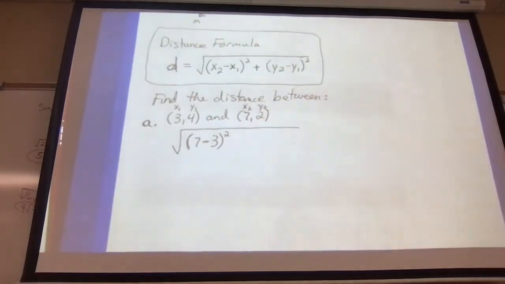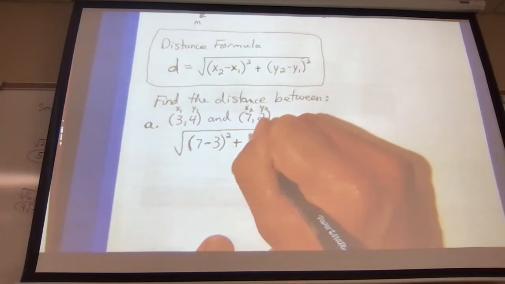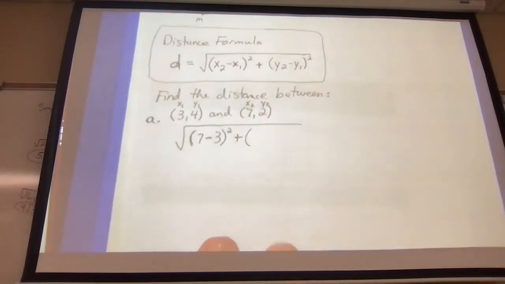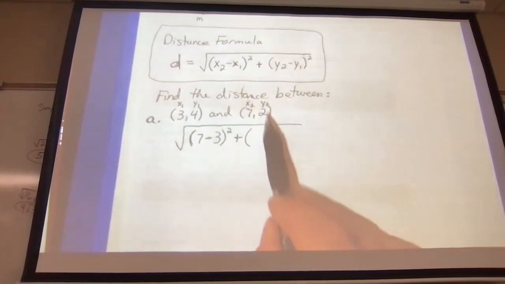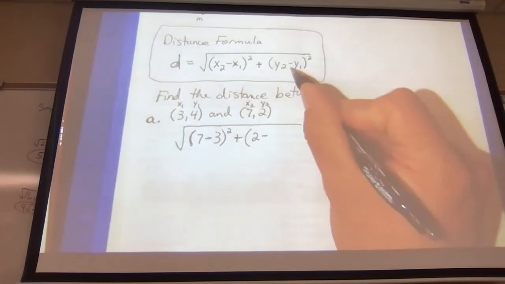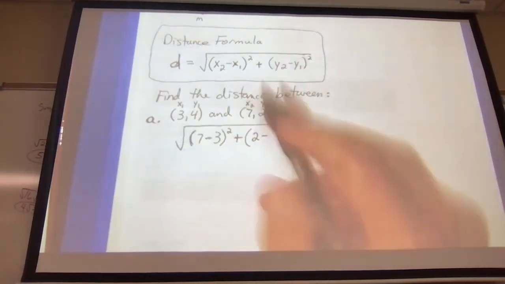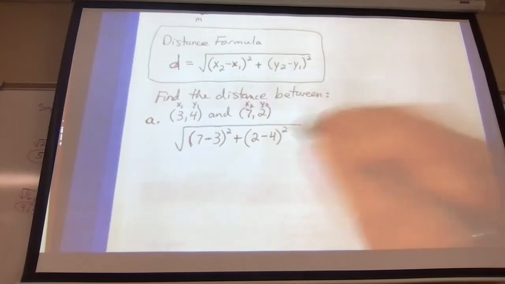Square. And we're going to add to that, same thing with the y coordinates. Parentheses. y2 minus y1, your y2 is the 2. Subtract from that y1, which is the 4. Remember squared.